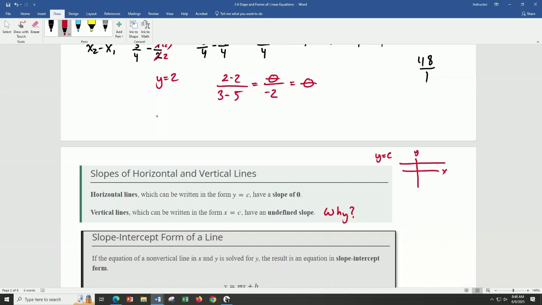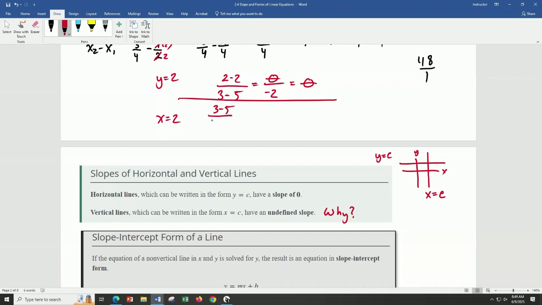But the converse is true. If I have x is equal to 2, that would just be another line right here where x is equal to c. Let me draw a line here. On the top, my y could be almost anything. So we could say 3 minus 5 is on top.